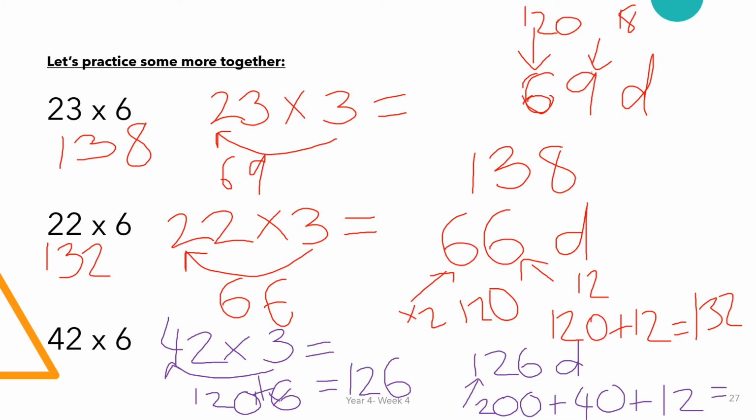In total, 200 plus 40 is 240, plus the 12 is 252. So in total, we've worked out that 42 multiplied by 6 is 252.